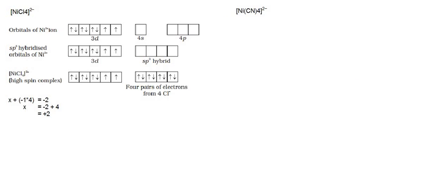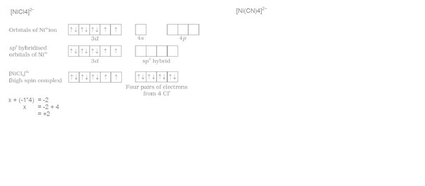Here the nickel is in the +2 oxidation state, as we have seen over here as well. The nickel is in the +2 oxidation state and has the electronic configuration of 3d8. The hybridization involves one d orbital and one s orbital with two p orbitals. So the hybridization scheme can be written in this way.